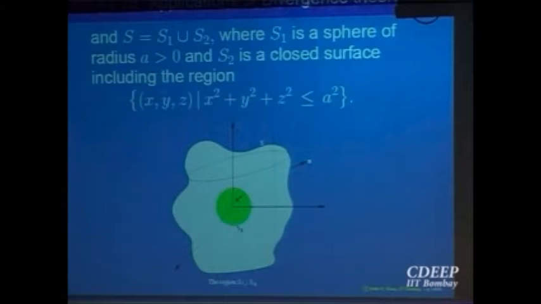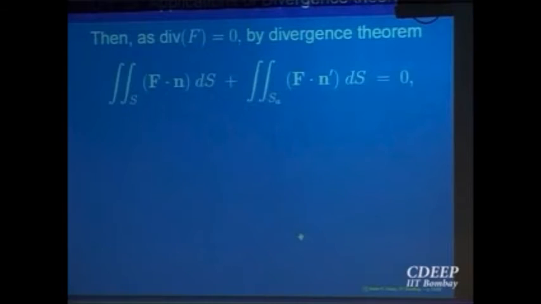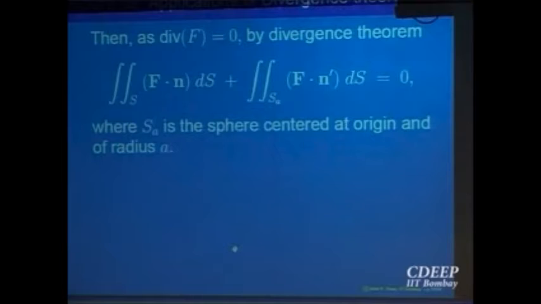So I can write down the appropriate equation: the integral over the outer one pointing outward, and here pointing inward. Those two will be equal if the divergence is equal to 0. In that case, if you recall, the divergence of that vector field, x over x square plus y square plus z square, is a radial vector field, right?